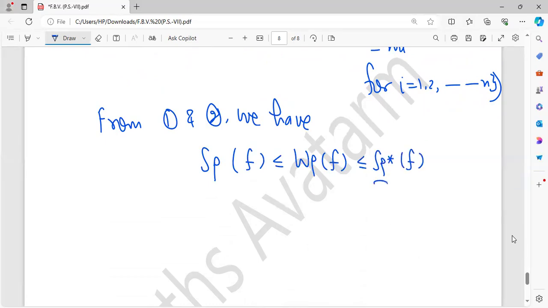But this is a partition P star, so this will be less than V(F,A,B) always.